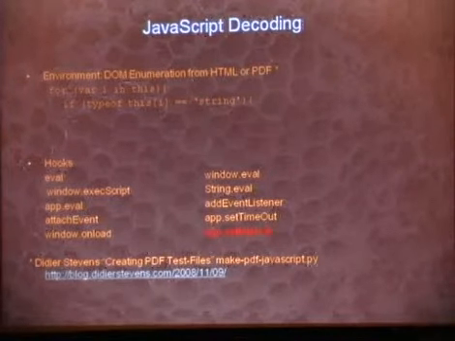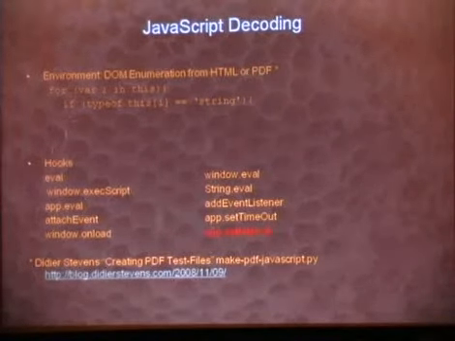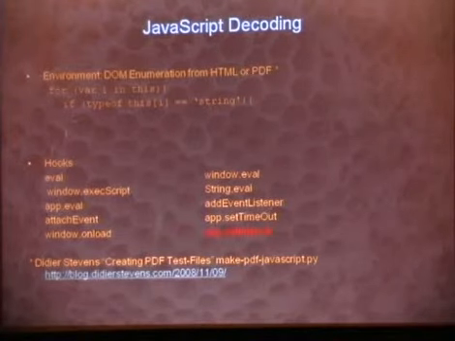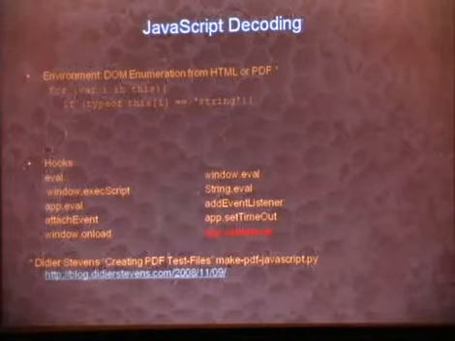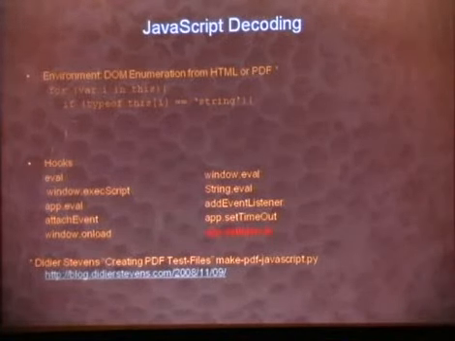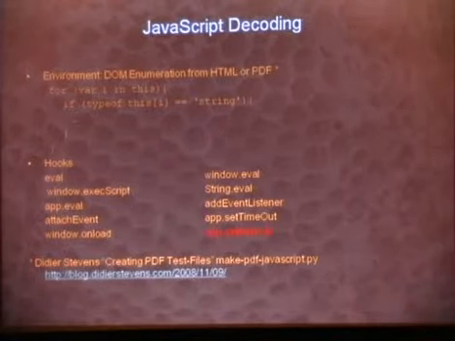So there have been a lot of new hooked functions that are necessary to decode these things, and several of them are time-based. So setInterval is one that I'll have an example with later.